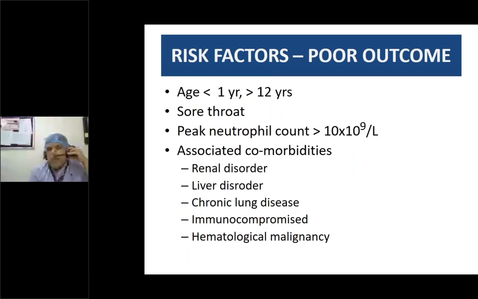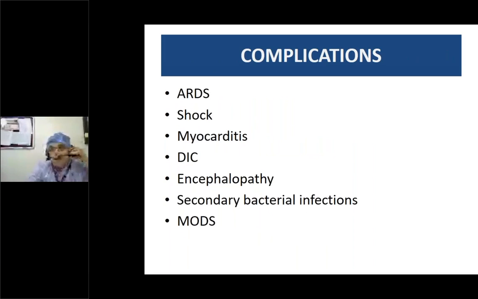Either they may be immunodeficient individuals, or immunocompromised following transplant or steroid therapy. And any children with underlying hematological disorders like thalassemias, and those with lymphoreticular malignancies or solid tumors are at risk of developing this corona infection.